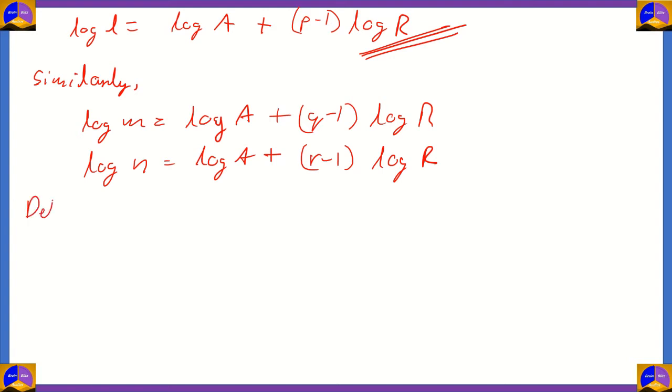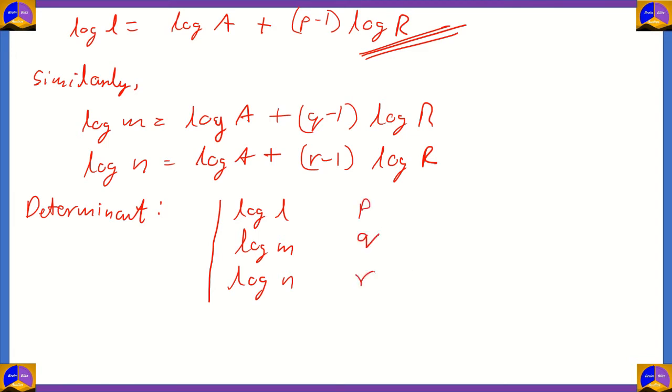Now we go back to the original determinant whose value we need to find out. That determinant can be written down as log L, log M, log N as the first column, P, Q, R as the second column, 1, 1, 1 as the third column. Now in this determinant, we can substitute the values of log L, log M, and log N. So now the determinant will look like this.